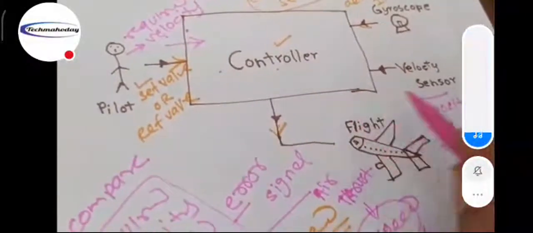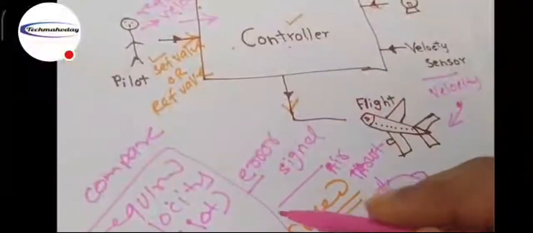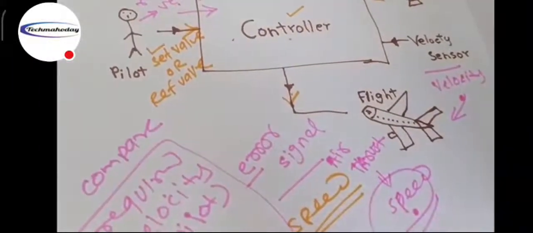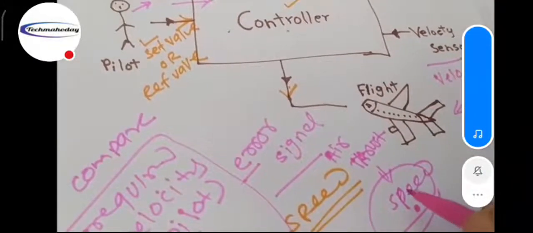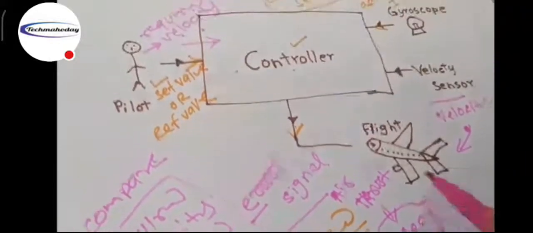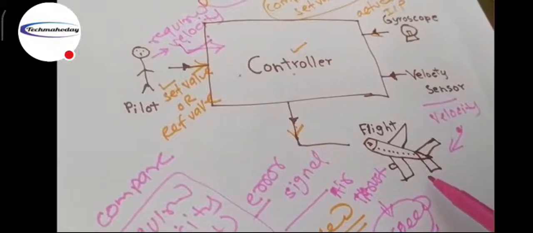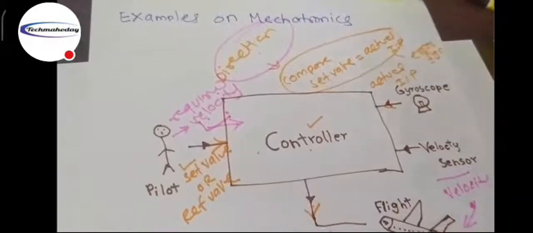So in short, the speed of the flight is controlled by the required value. According to the pilot, the speed and direction of the aeroplane will be changed. So this is the major example of mechatronics.